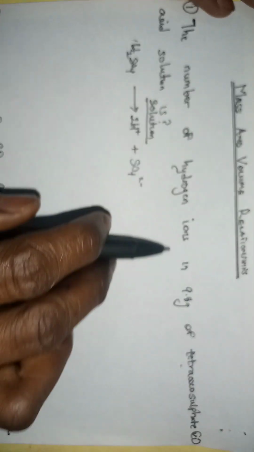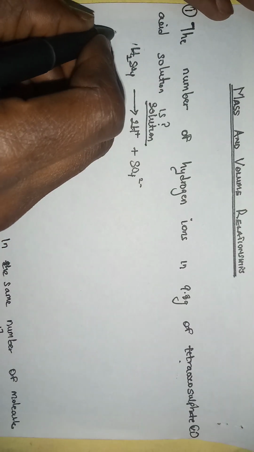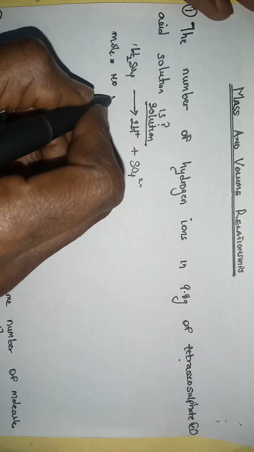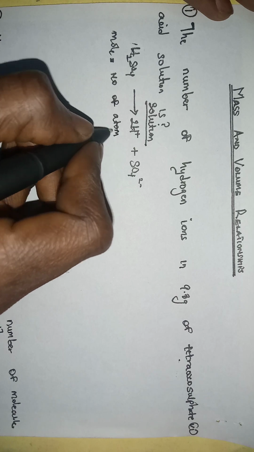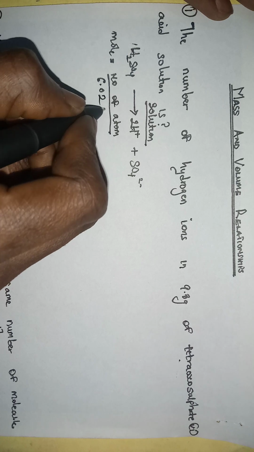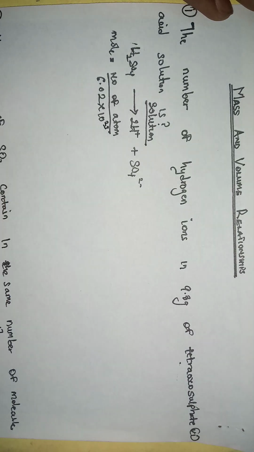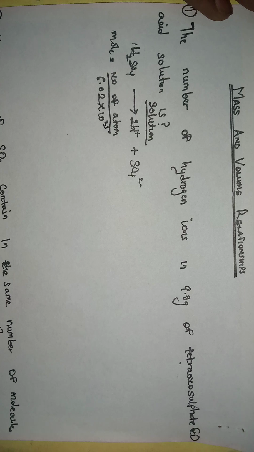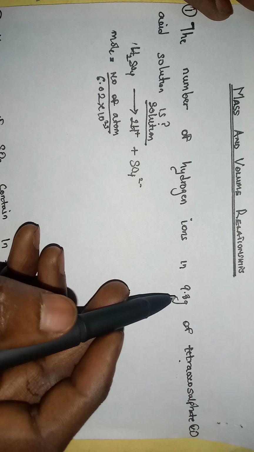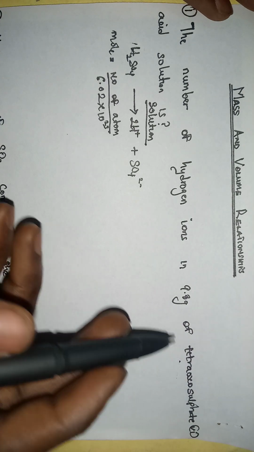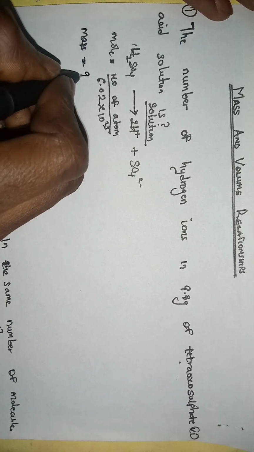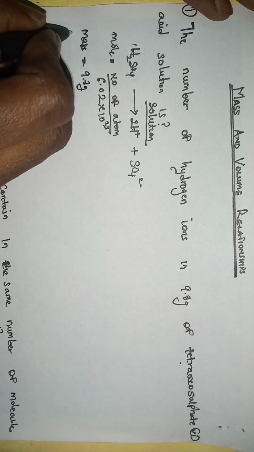So we should calculate the number of hydrogen ion. From the formula, mole is equal to number of atoms upon the Avogadro's constant, which is 6.02 multiplied by 10 raised to the power 23. We are given the mass of tetraoxosulphate-6, that is 9.8 gram of H2SO4, and the molar mass.